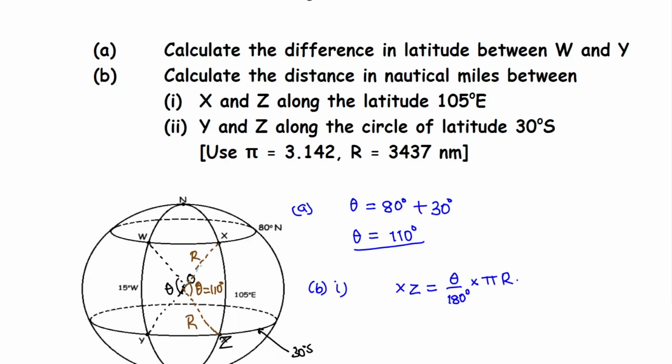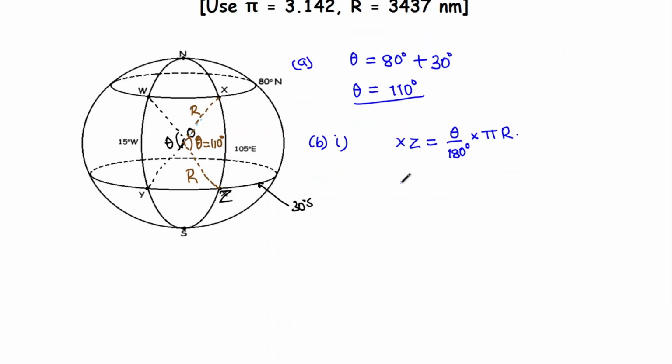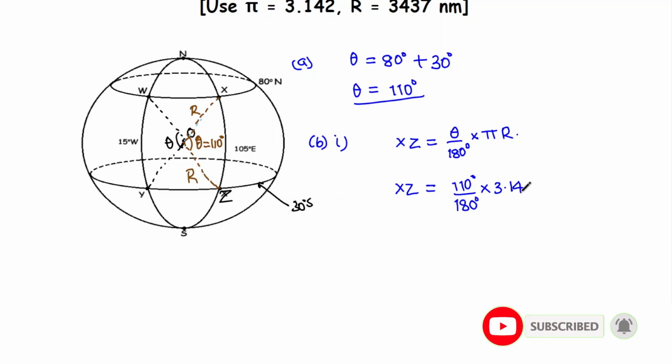Now let's make the substitution, where theta is 110 degrees over 180 degrees, times the value of pi as 3.142, times the radius of the Earth in nautical miles, 3,437 nautical miles.